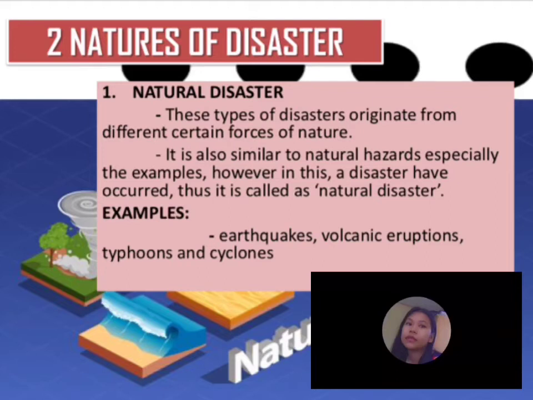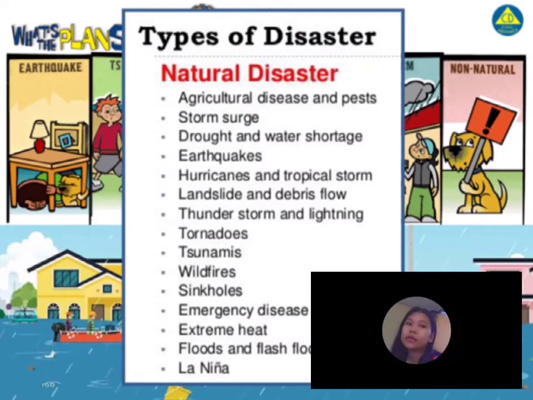When natural hazards destroy people's lives and livelihoods, we call them disaster. Examples of these are earthquakes, volcanic eruptions, typhoons, cyclones, and many more.